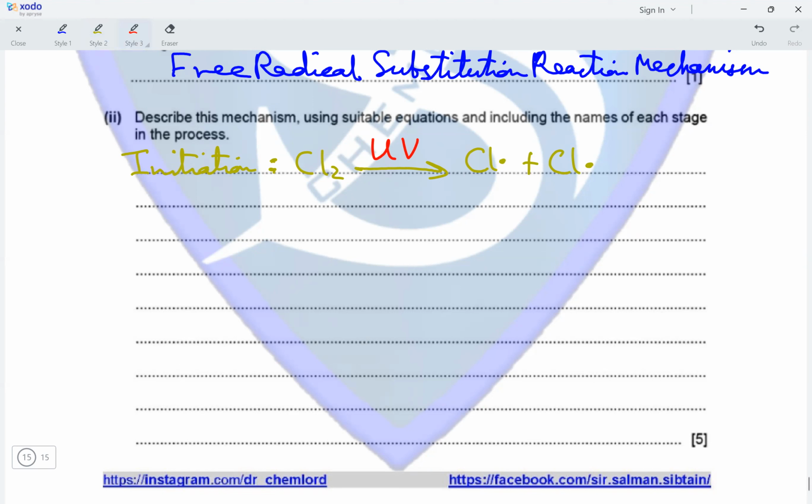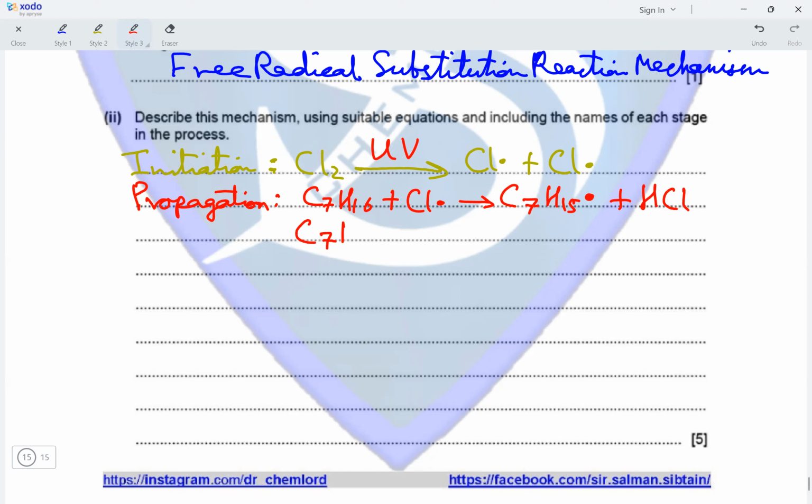In the propagation step, C7H16 is attacked by a chlorine free radical producing a C7H15 free radical and a molecule of HCl.